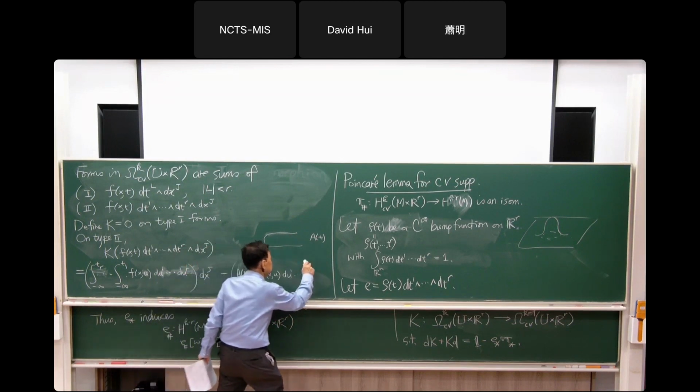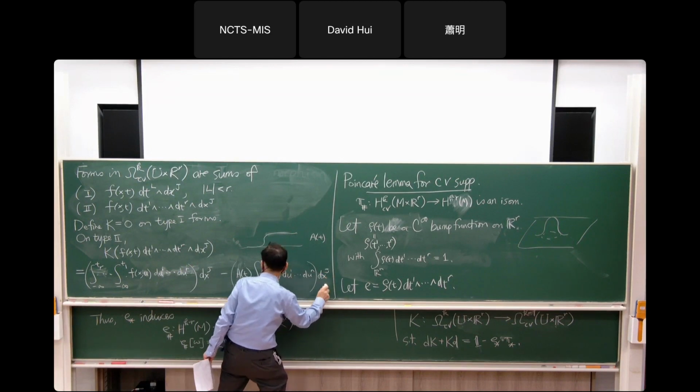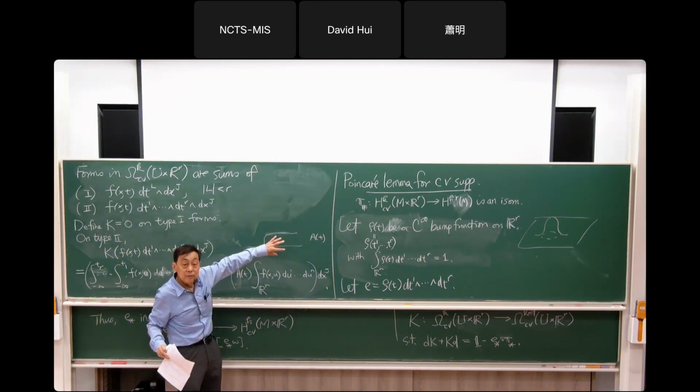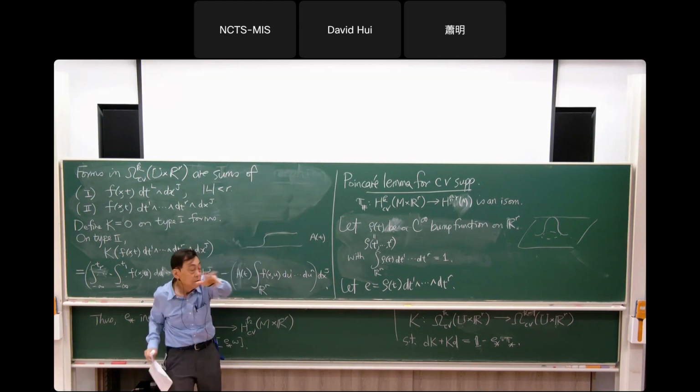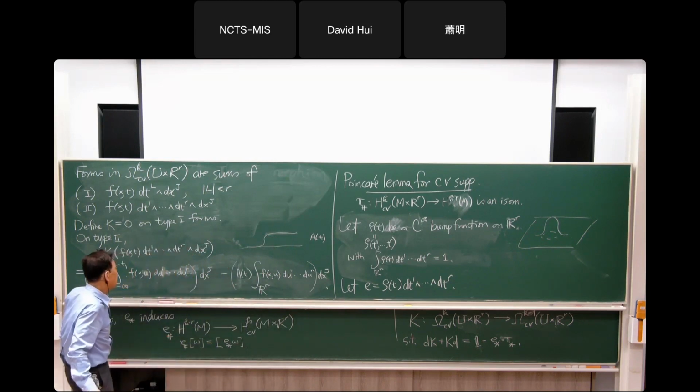And then you still have the dx_J. To get the n-dimensional version, you just rotate this. So I think that should be the formula.